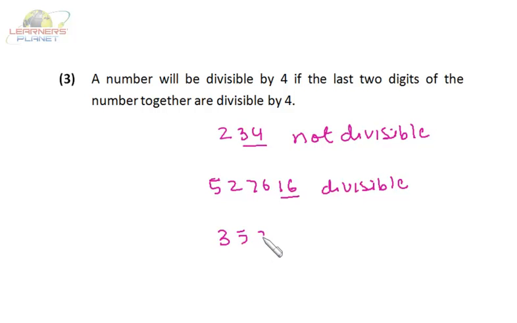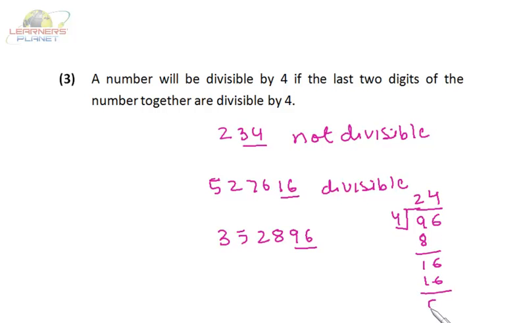3, 5, 2, 8, 9, 6. Now just see last two digits, 96. Let's check 96 is divisible by 4 or not. Just divide 96 by 4. So 4 2s are 8, 1, 6, 4 4s are 16.